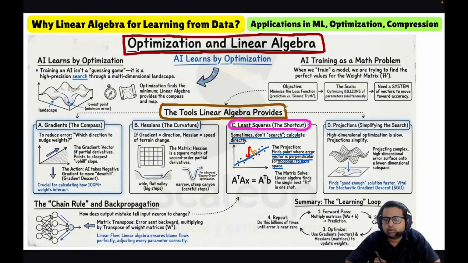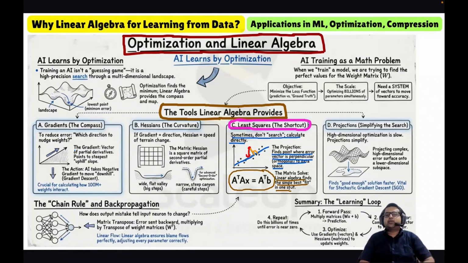So in regression, if we just solve this equation, A transpose A x equals A transpose b, linear algebra will find the single best fit in one shot. So no need to do any gradient descent or search. Just solve this equation to get the single best fit.